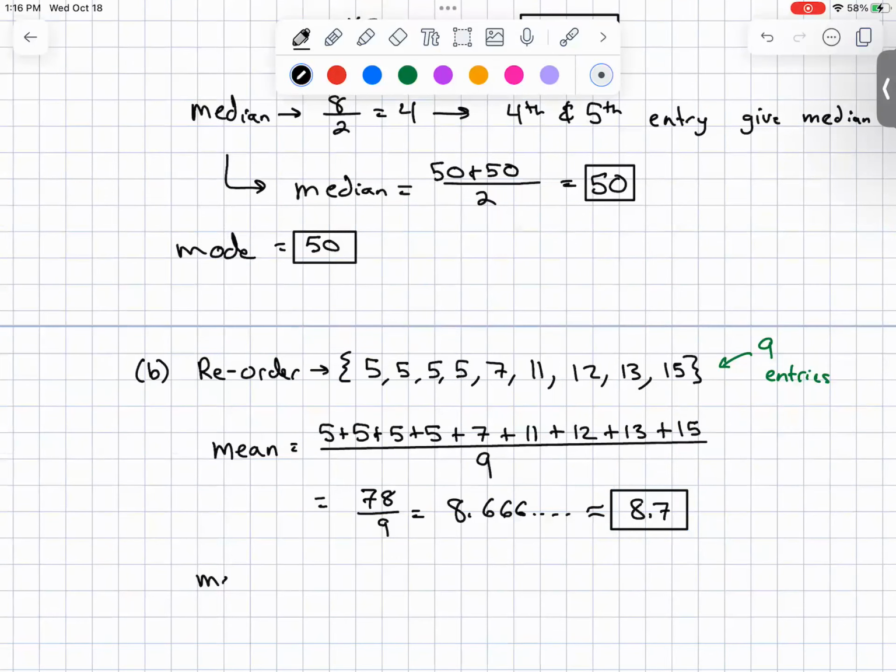Median. So 9 divided by 2, because there's 9 entries, you get 4.5. So that means that the 5th entry is the median. So 1, 2, 3, 4, 5.